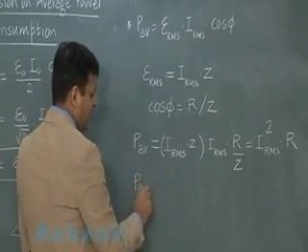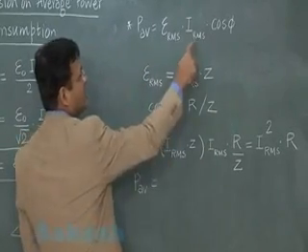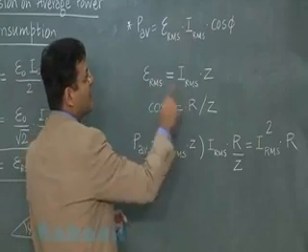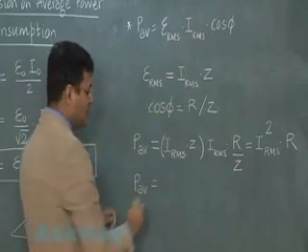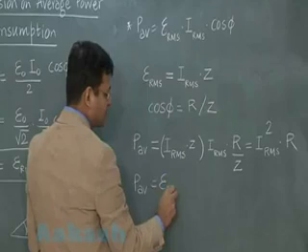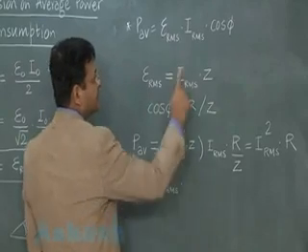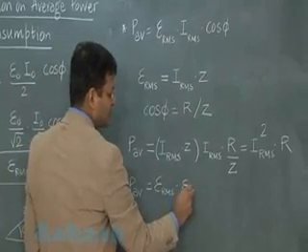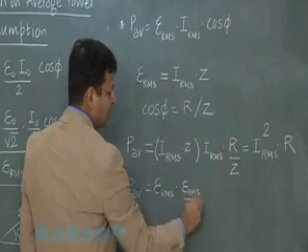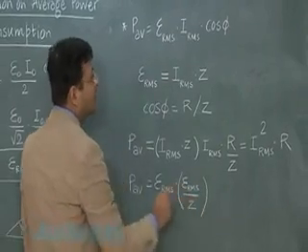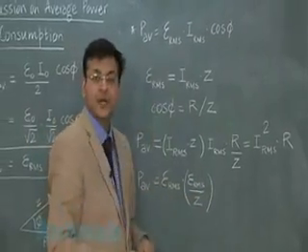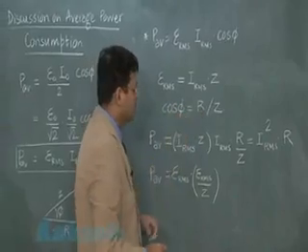Try to replace this IRMS by ERMS and Z. Then you will be getting ERMS multiplied by ERMS upon Z. This is the replacement I have made for the RMS value of current, and for cos phi you substitute R by Z.